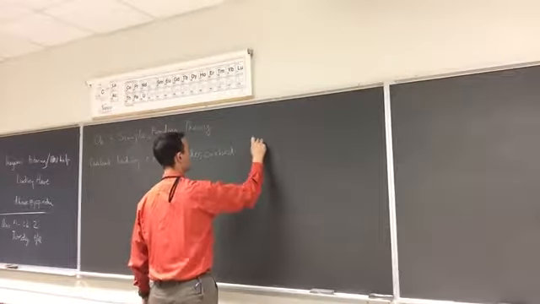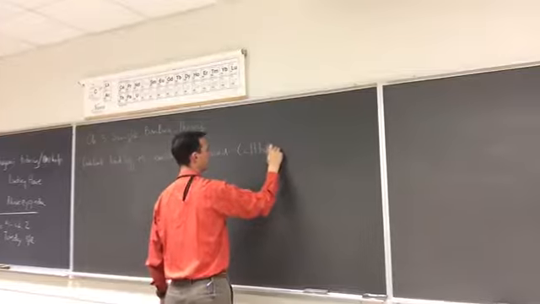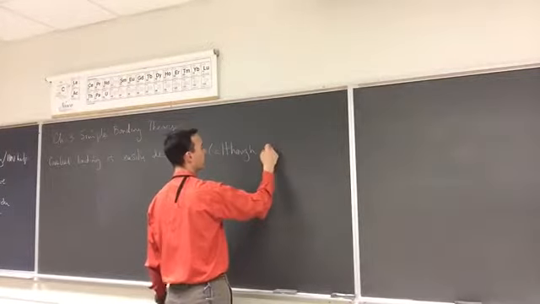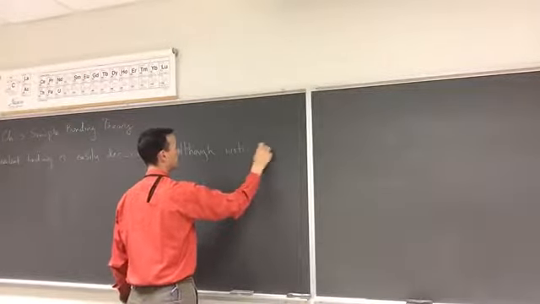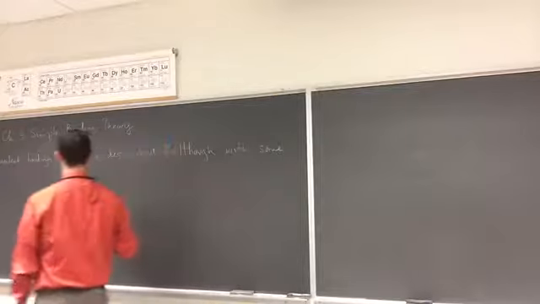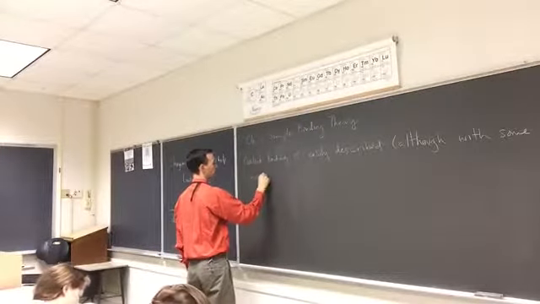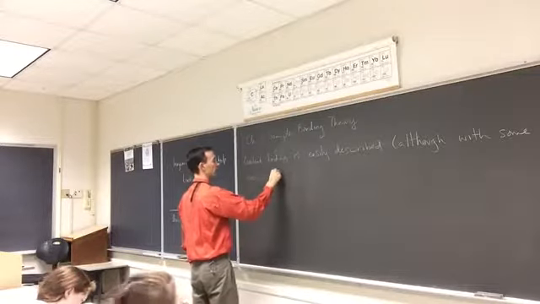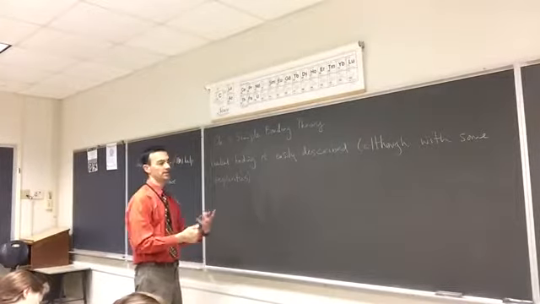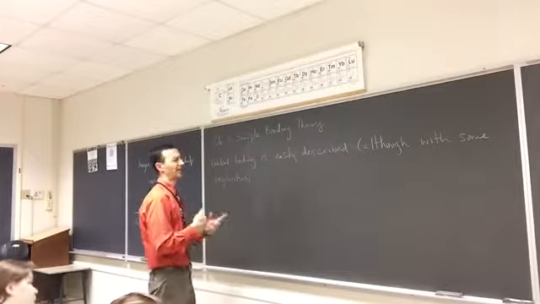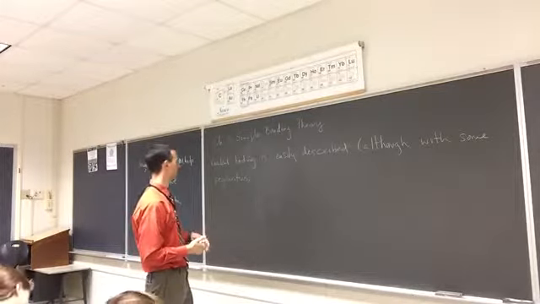Let's put in parentheses, to summarize the discussion I just had, although with some irregularities. It was these irregularities or special cases, which we'll look at, that led us to realize this isn't the best way to describe the bonding.